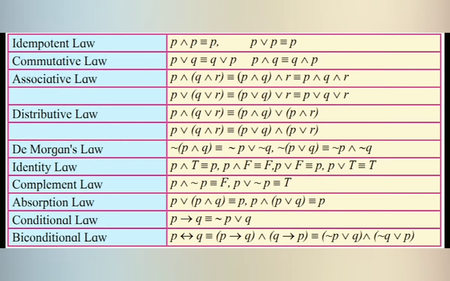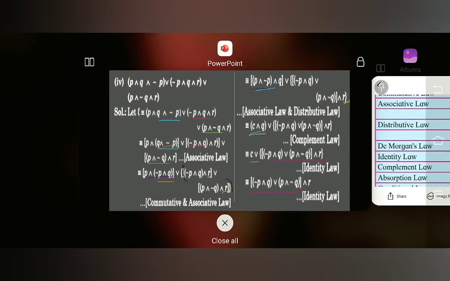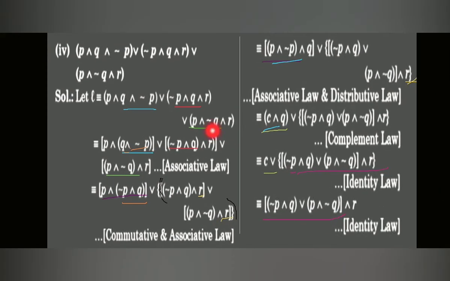Associative: P and (Q and R) is (P and Q) and R, or P or (Q or R). This Q and ¬P, right here, this ¬P right in first position and this Q right in second position. This is commutative law, ¬P and Q.